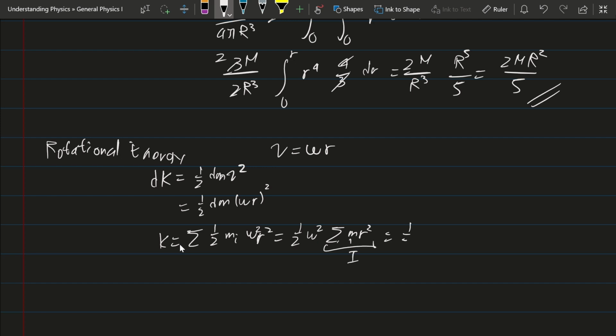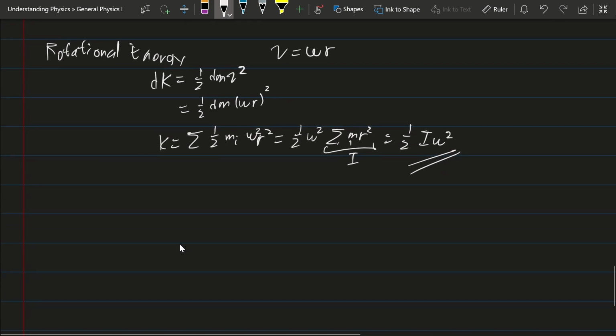So this is half I omega squared. And this is the kinetic energy for a rotating object. So it is basically the half mv squared, but using the rotational counterparts. So by doing this, we have figured out that there is the linear kinetic energy as well as the rotational kinetic energy.